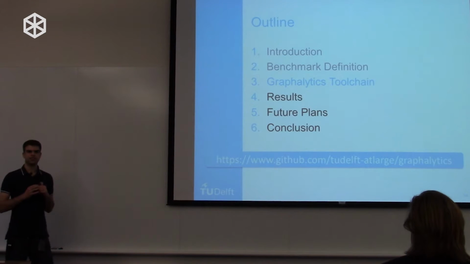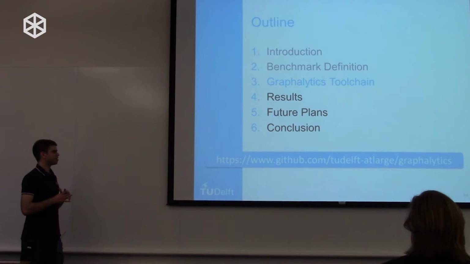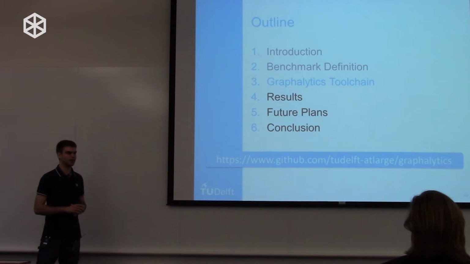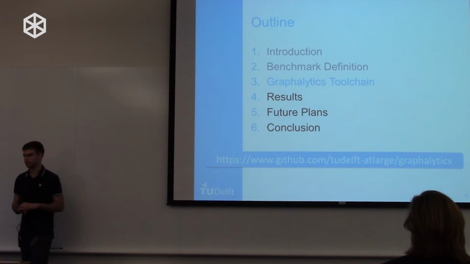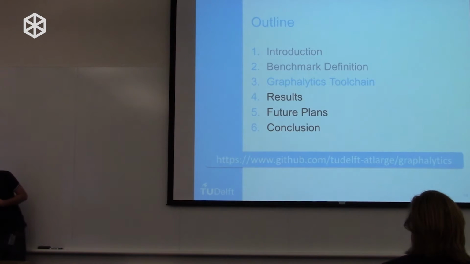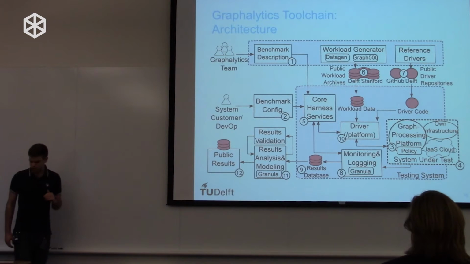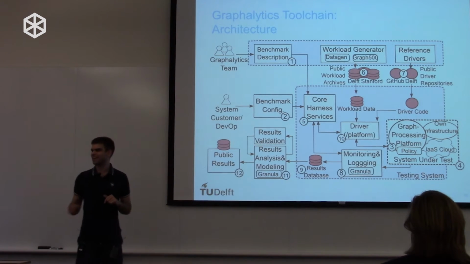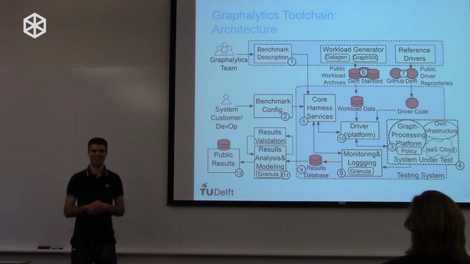So what does it actually look like in terms of tools? The tools are online on the TU Delft GitHub repository. They will be moved to the LDBC repository probably in the near future, but they're already available if you want to have a look. So the architecture has updated a bit from the picture Peter included in his slides earlier.